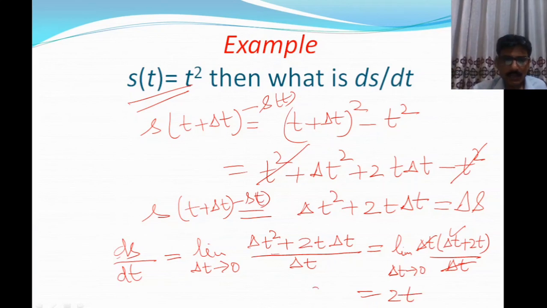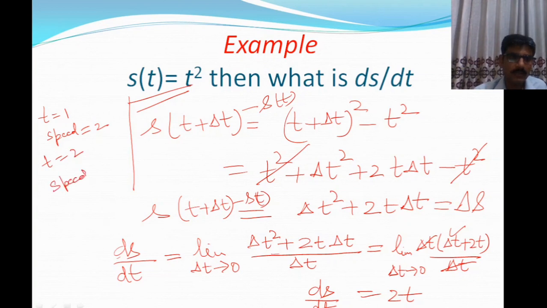So the differentiation of the t square function is twice t. That means at t equal to 1, speed is 2, at t equal to 2, speed is 4, and similarly at t equal to 3, speed is 6.